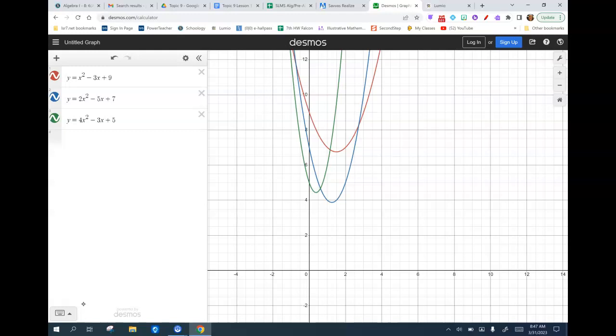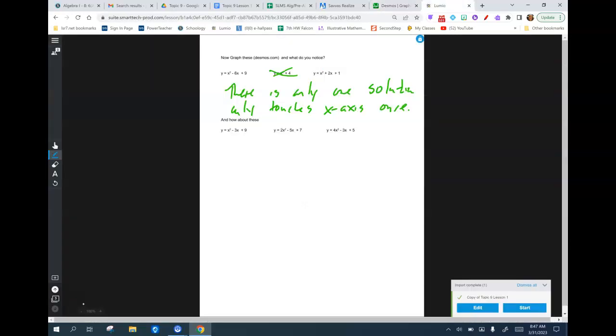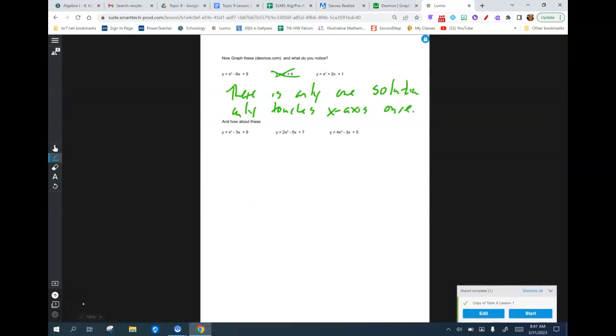These are not touching, so I'm going to go back to the Lumio now. What we found out is these graphs do not cross the x-axis.